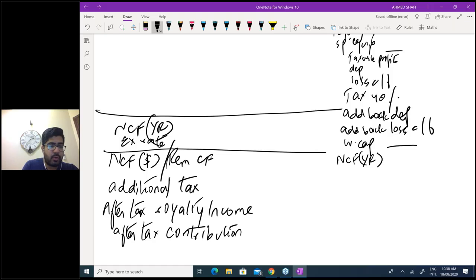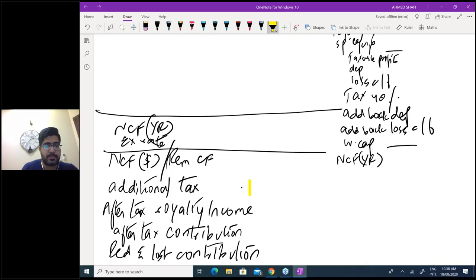And one is called redundancy and lost contribution. So you can memorize this: when you do an overseas appraisal, once you remit the amount back, if there are any additional inflows and outflows in your home country, you need to consider them, like additional tax, after tax royalty income, after tax contribution, and redundancy and lost contribution.